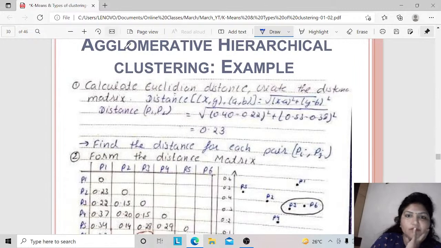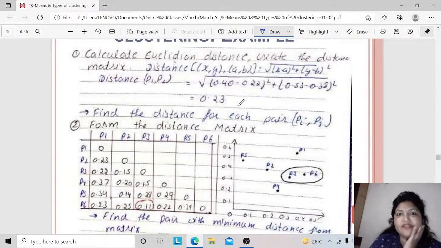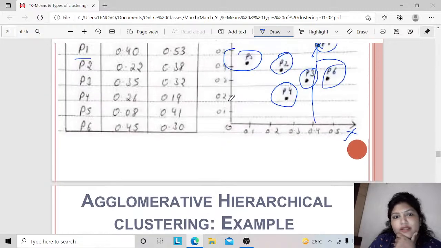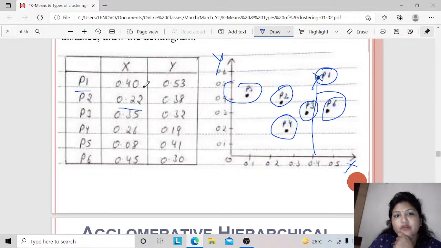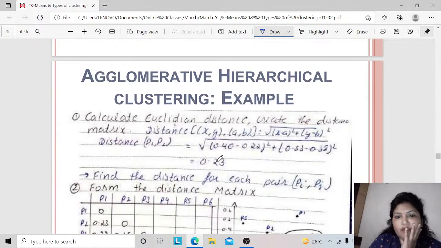Then what you can do is find the distance using the Euclidean distance method. Take any two points and find the distance between them, right?